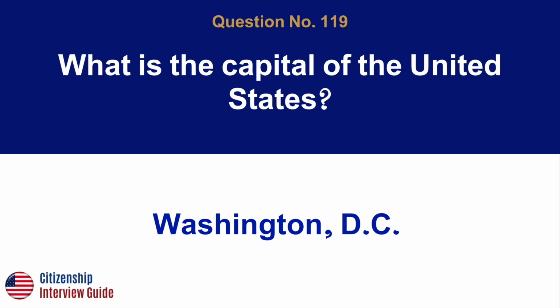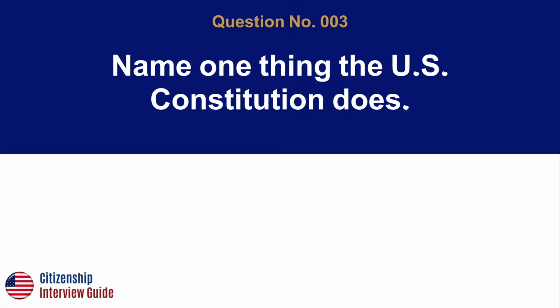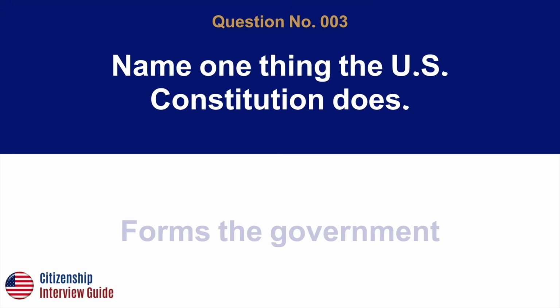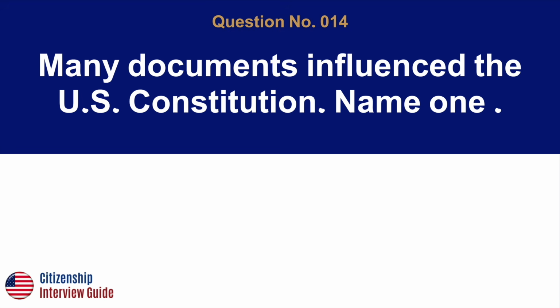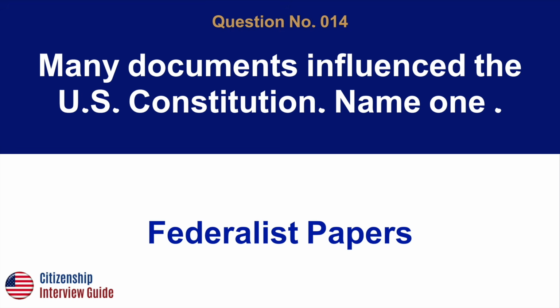Washington, D.C. Name one thing the U.S. Constitution does. Forms the government. Many documents influence the U.S. Constitution. Name one. Federalist Papers.